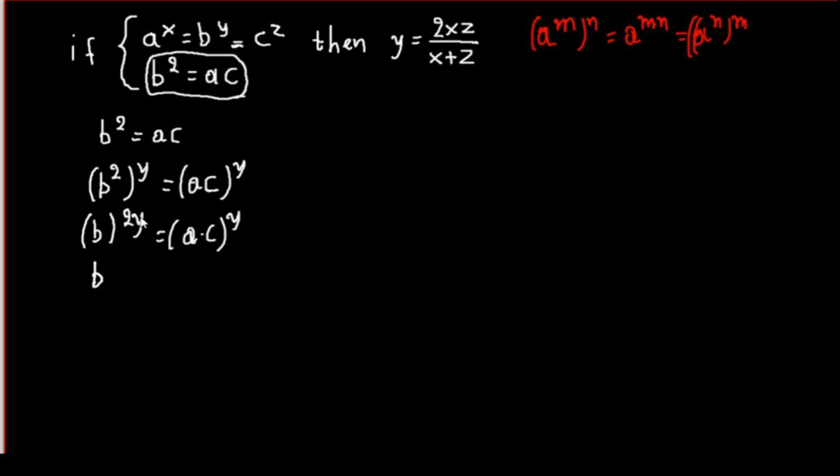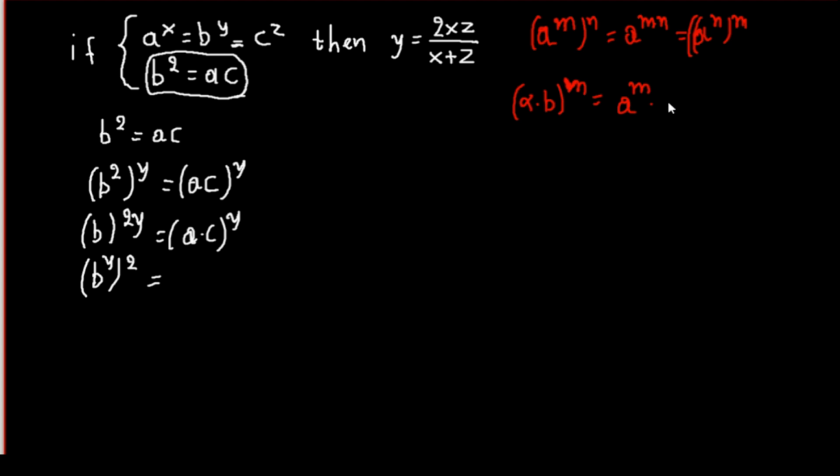Moving over, we can switch these places and write b raised to the power of y and all of this squared equals, and here we use another law of exponents: two numbers a and b raised to a power, let's say m, equals a raised to the power of m times b raised to the power of m.